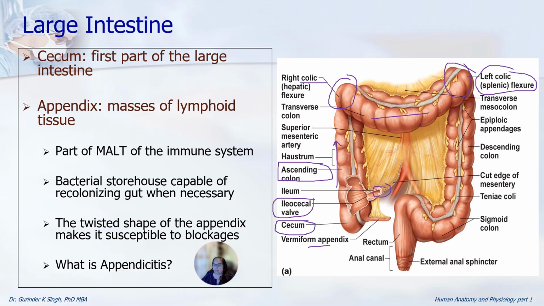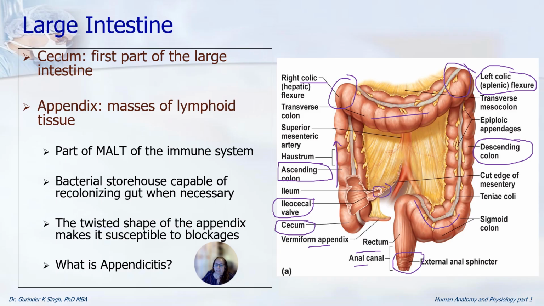And then we have the descending colon, present there. It goes from there downwards, and then eventually it is the sigmoid S colon, which goes backwards, retroperitoneal, ending up in the rectum and then the anal canal. And we have the external and the internal sphincters at the mouth of the anal canal.